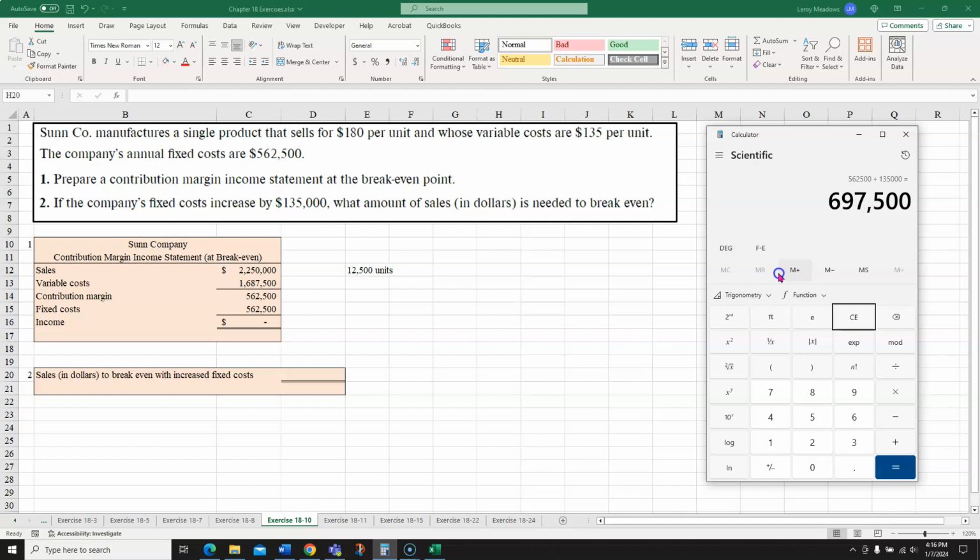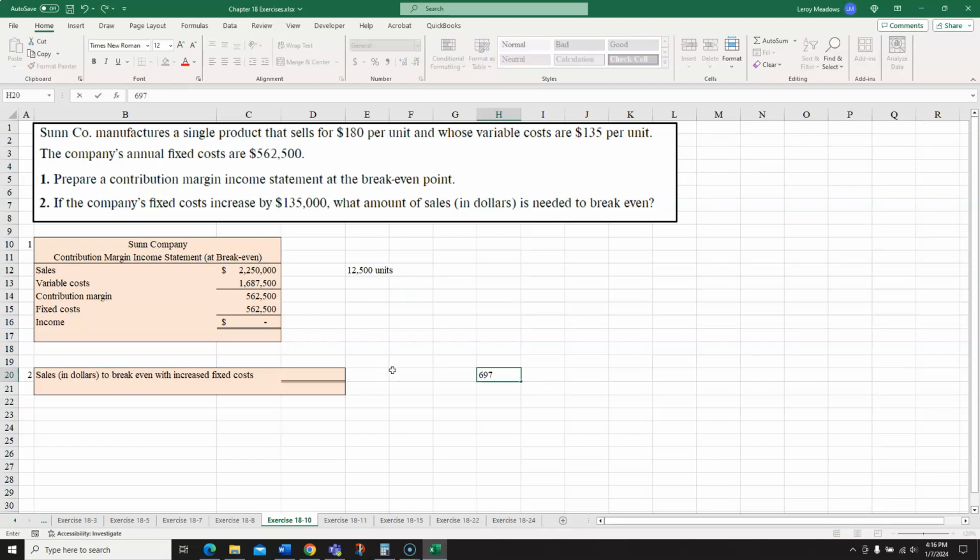Now I could approach this one of two ways. I could divide by the contribution margin per unit to get the number of units sold and then plug that back in and redo my contribution margin income statement over here. But the question is just asking me what amount of sales dollars is needed to break even. Okay, so I have fixed costs of $697,500.